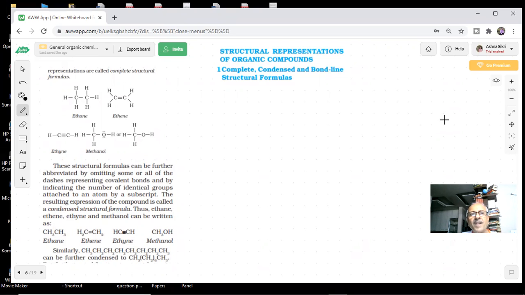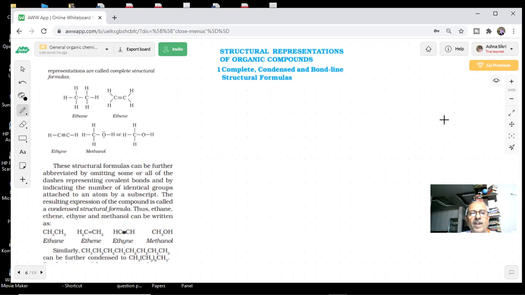Now the important thing which we are coming to today is the representation of organic compounds. How do we represent organic compounds, students? We told you carbon is the element which is tetravalent, and carbon forms a very large number of compounds.